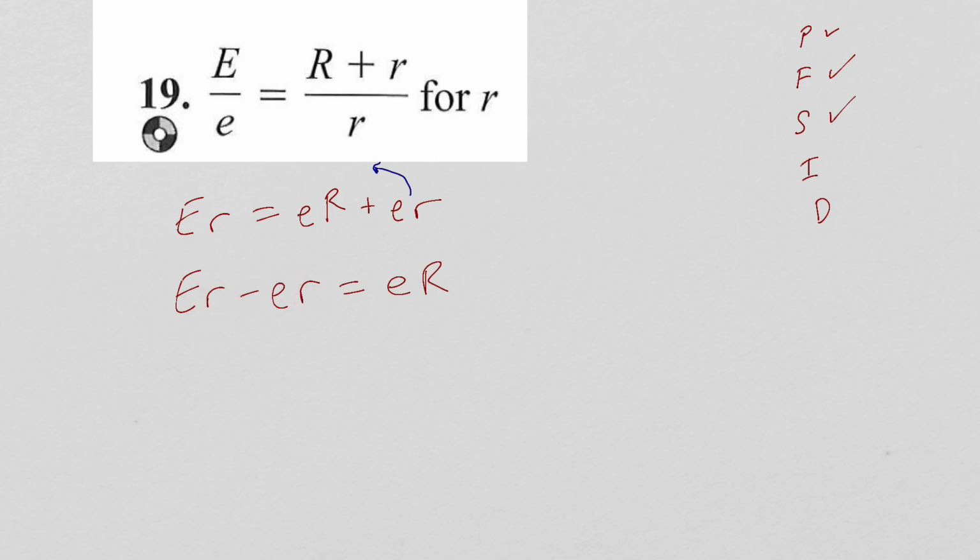You isolate it by factoring it out. Oops, E minus little e. And finally, so we've isolated it, and divide is the last step. In order to solve for this, we've got to divide out this. So we just divide it on each side.